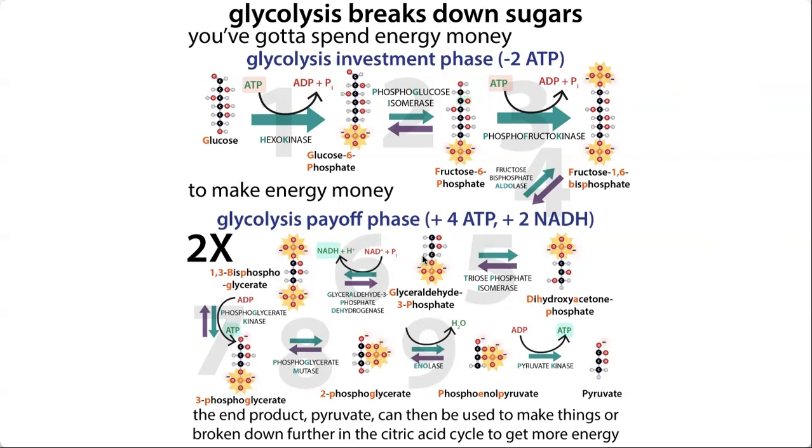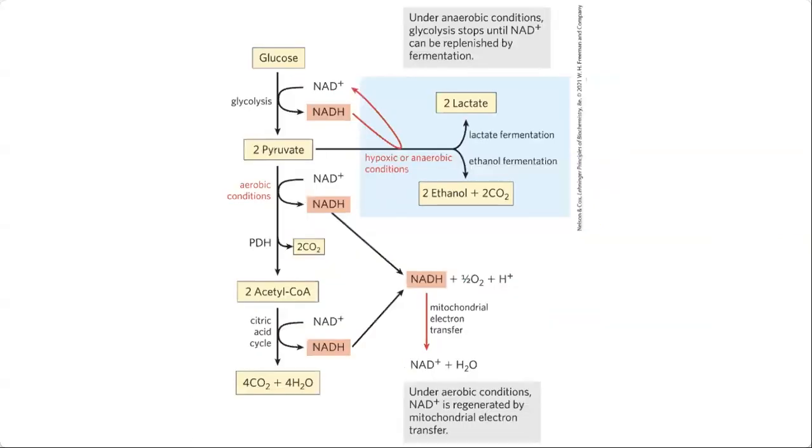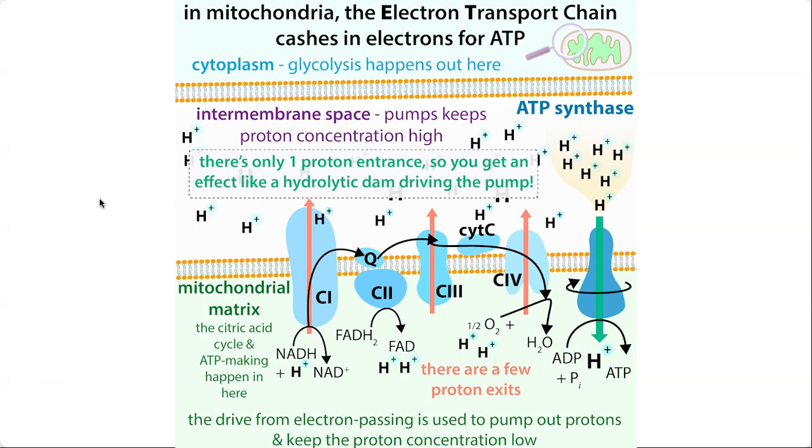And so we're going to get a net of 2 ATP and 2 NADH. And we get 2 pyruvate, which can go in the citric acid cycle and get further oxidized. But that's only going to happen if there's oxygen around, because that's going to require the oxygen to be our terminal acceptor.